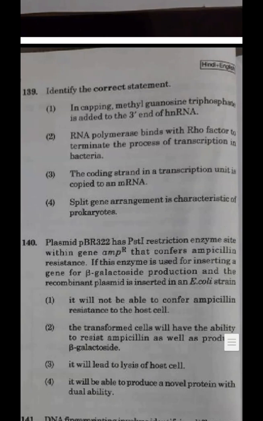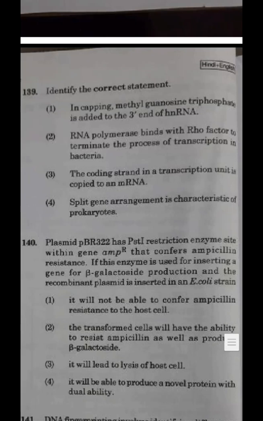We know that capping occurs at the 5' end, that is the methyl guanosine cap. Yes, the 7-methyl guanosine cap is attached to the 5' end of the HnRNA, so that it is protected from 5' exonuclease activity. So this statement is not correct.